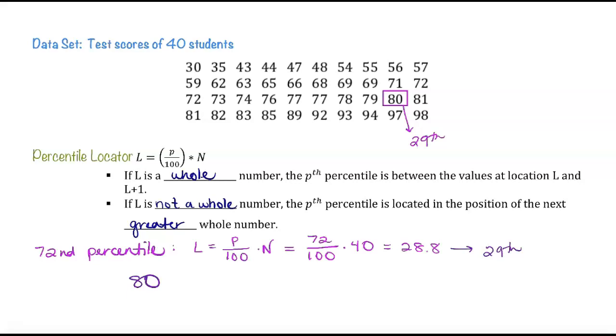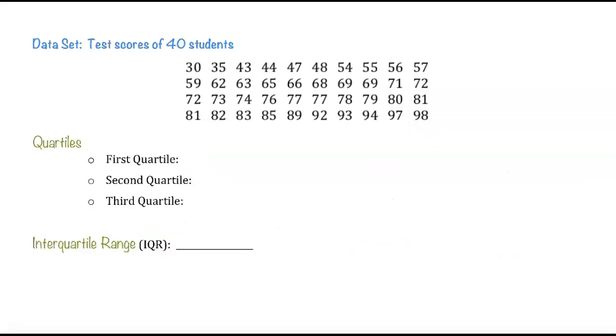Let's talk about some special percentiles. A set of data can be broken up into quartiles, or 4 quarters of the data. But in order to do so, we simply need to find the first, second, and third quartile. The first quartile, we often write as Q1, is equal to the 25th percentile. It separates the first 25% of the data from the other 75% of the data.